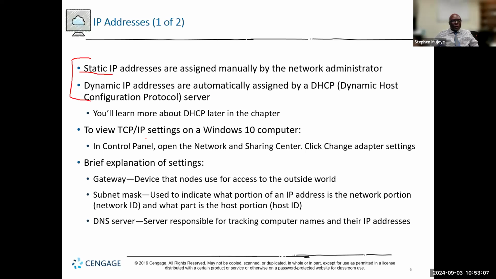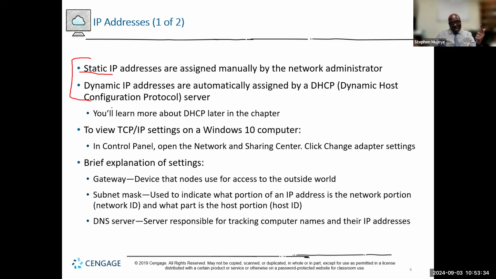So you can view the settings of the IP address in TCP/IP, and I did show you some of those using the ipconfig, right? So there are some other IP addresses that we need to talk about. In order for communication to take place, of course, you do need the MAC address that we started with.